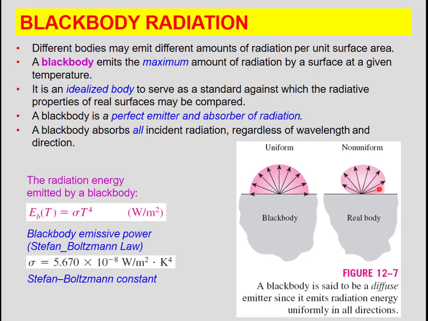In a real body we will have something like this. As you can see here, the radiation in different directions will be different, but we can imagine for a black body that the emission from its surface is something like this. It is uniformly emitting.